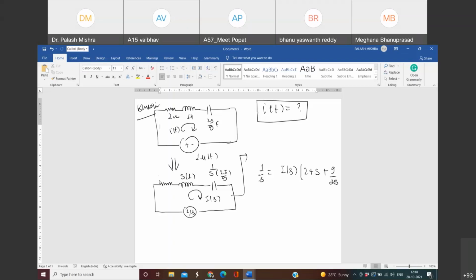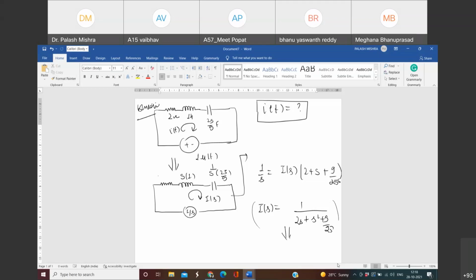I hope everyone has got this until this point, right? So IS can be represented as 1 upon 2S plus S square plus 9 by 25.